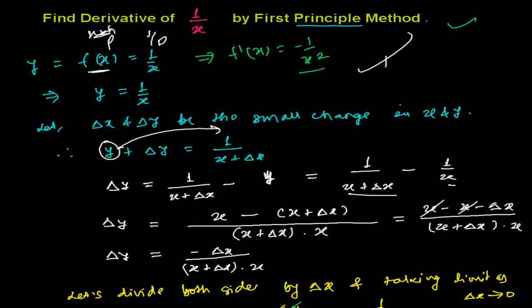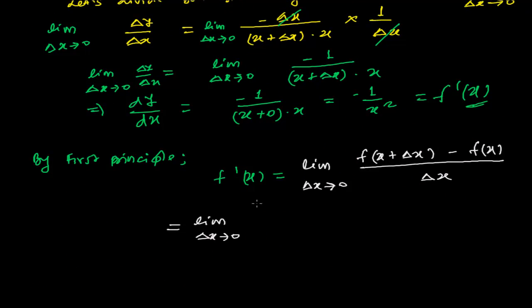So same thing, here you'll get 1 over x plus delta x, because I have a function f of x equals 1 by x, and if I'm putting f of x plus delta x, definitely I should get 1 over x plus delta x. So that is why I write here.